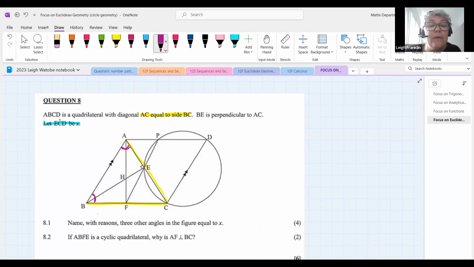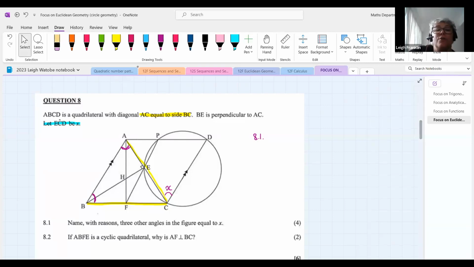ECD is this angle over here, and that's the one they've said, let it be X. Now, another very typical sort of question. In 8.1, they want us to name with reasons 3 other angles in the figure that are also equal to X. Have a look at the diagram.